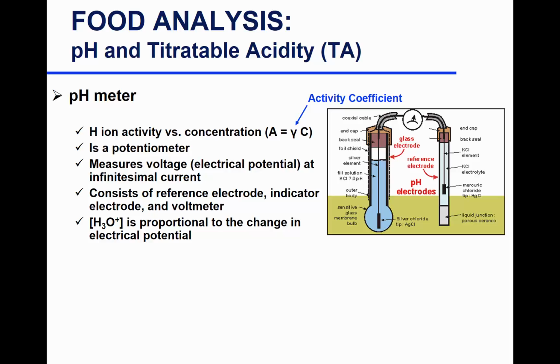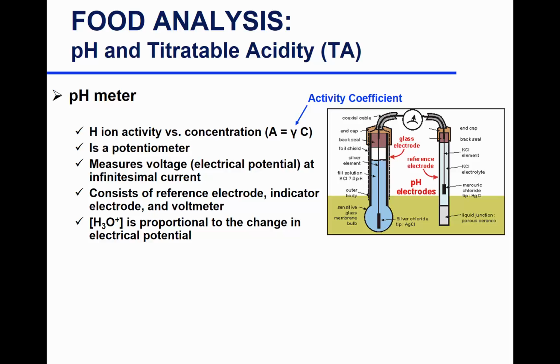What the pH meter is measuring is the change in voltage or the electric potential at a very small current. A very small current, because if you apply a high current, it's going to affect the ionic state or the dissociation state of whatever is in there, of your acid or ions. So you apply a very small current and then you monitor a change in voltage. There is already a voltage because you have a reference electrode.